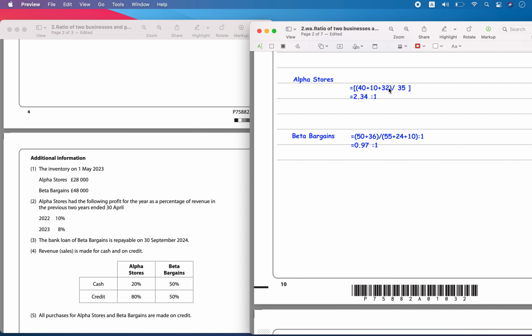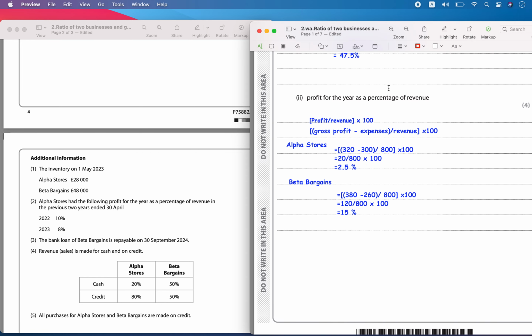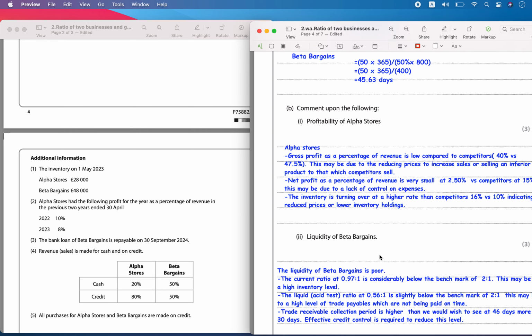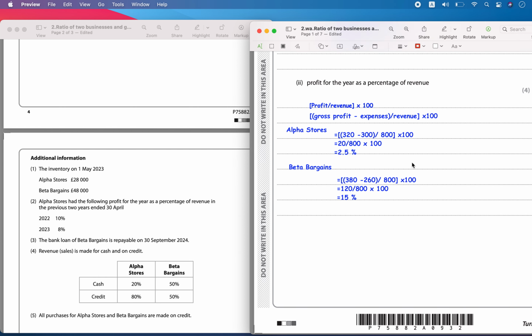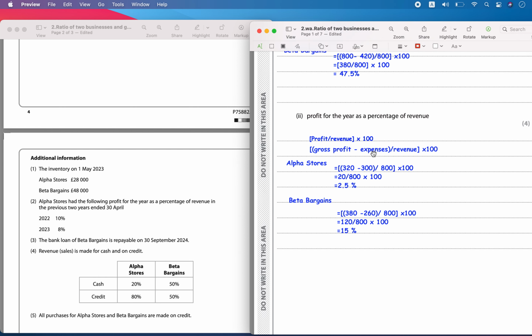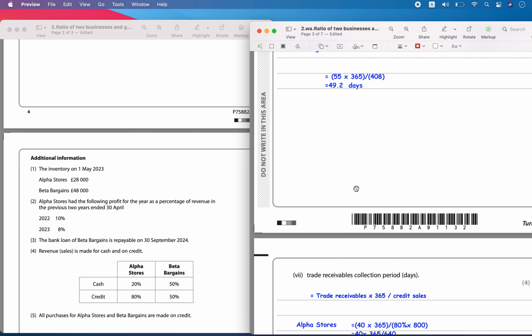Next is net profit as a percentage of revenue. For Alpha stores it was 2.5%, whereas for Beta Bargains it was 15%. So you can say it is very small compared to its competitor. This may be due to increased expenses. From the equation itself, because there is an expenses component, you can say there has been no control of expenses, which affected it.